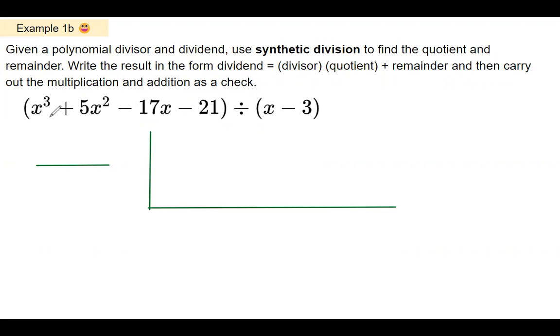Okay, so the coefficients are 1, 5, negative 17, and negative 21. Awesome. Okay, let me go ahead and expand my beautiful division house here because I always write larger than what I want. Okay, now, Gianna, pass it on.